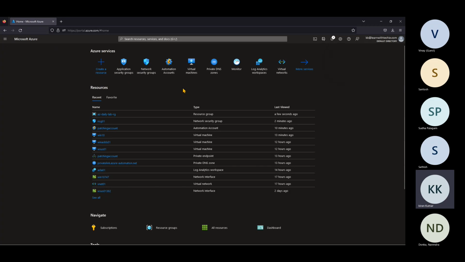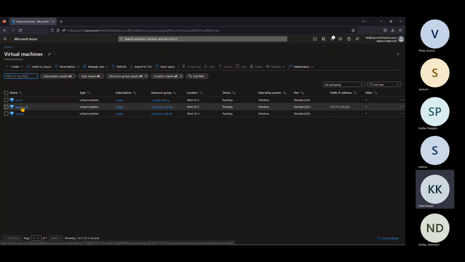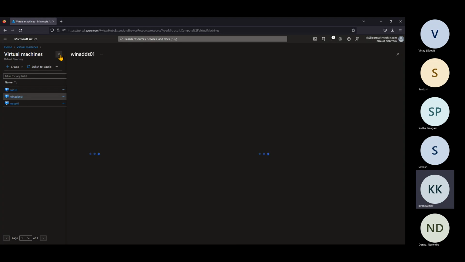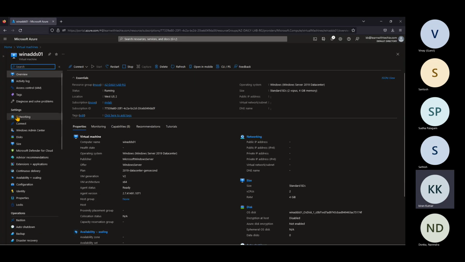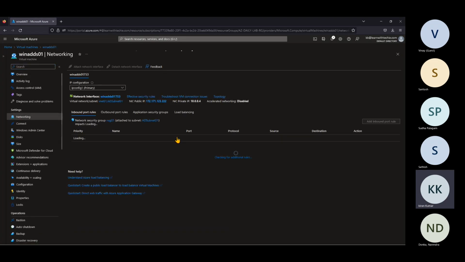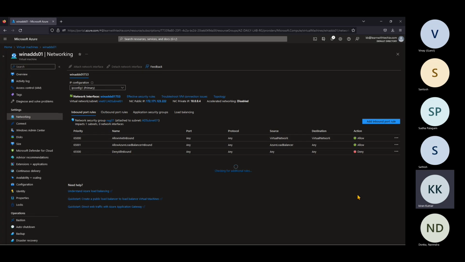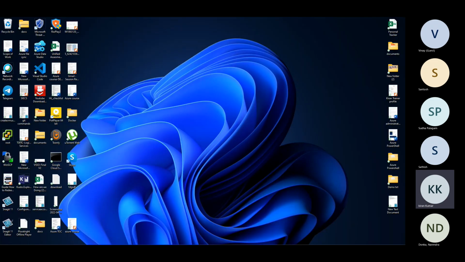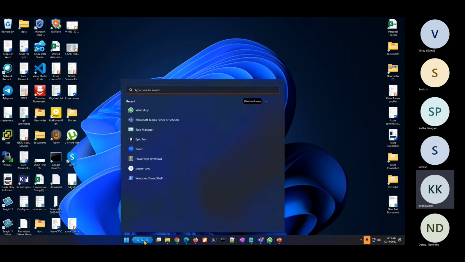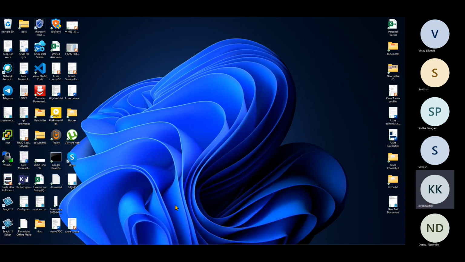Now go to that particular AD server. This is one, suppose. This server, we already associated a network security group at the subnet level. So how can I understand that the network security group is already associated with the subnet level?